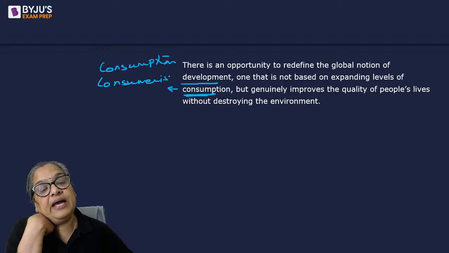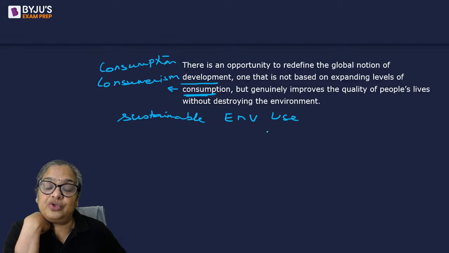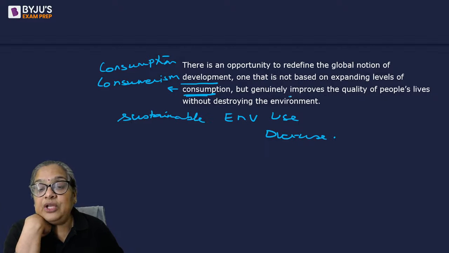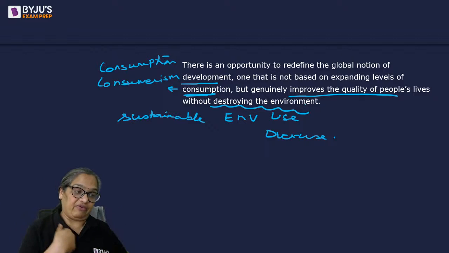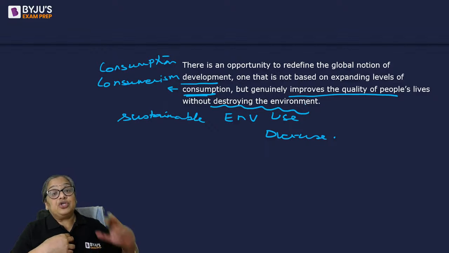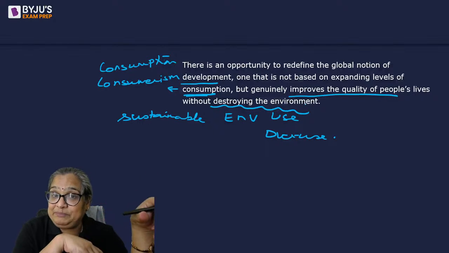While what India needs is a sustainable development model where you do not damage, you use your natural resources, do not overuse them, so that you improve the lives of the people without damaging the environment. Okay, so this conclusion has to be in your third essay.